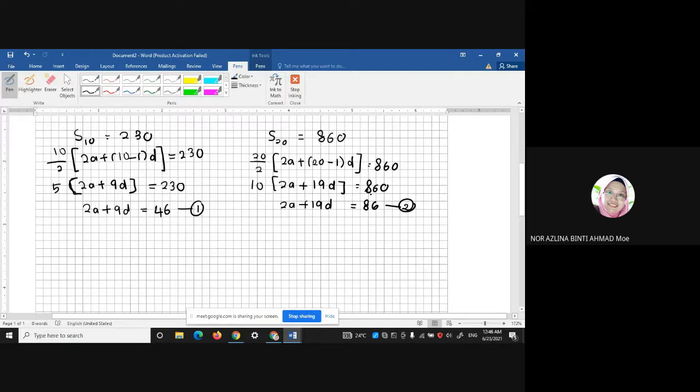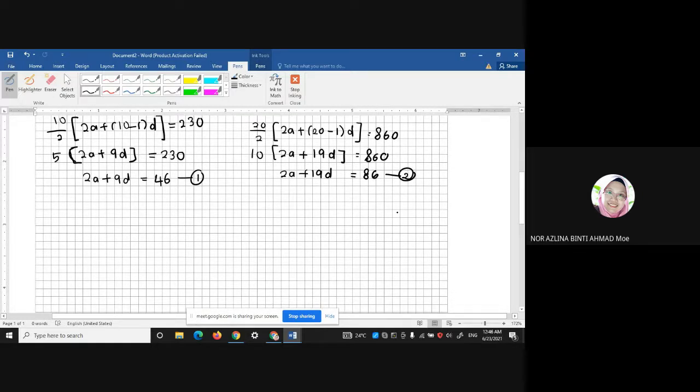So we have 2a here and here also 2a. We can use simultaneous equation using elimination or substitution. It is easier to use elimination. Equation 2 minus equation 1. So I have equation 2, 2a plus 19d equal to 86.